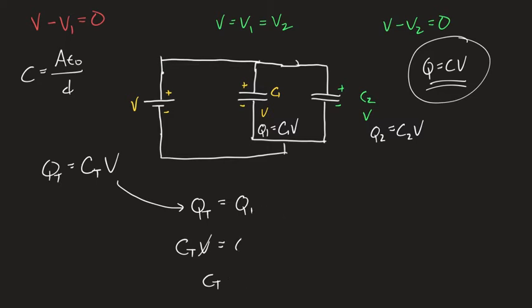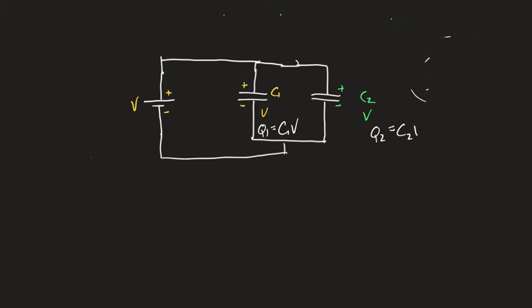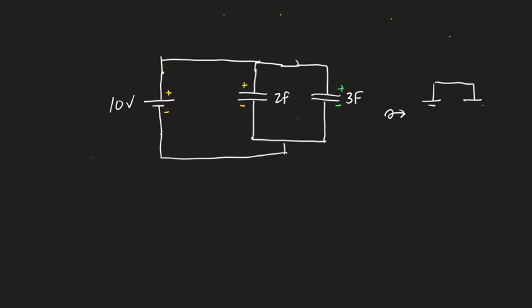Well, let's consider our simple circuit from the moment before. If we have a 10-volt source and a 2 farad capacitor and a 3 farad capacitor, it would have an equivalent capacitance of 5 farads.